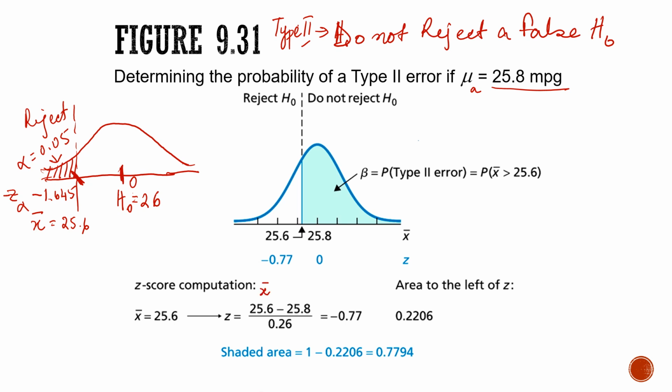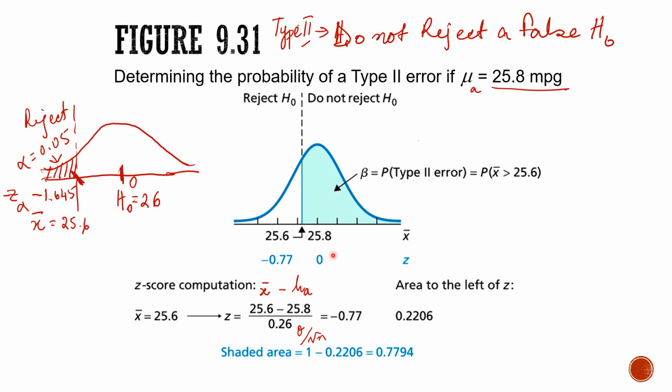So 25.6 is the x bar, and then minus 25.8 is the new mean, in other words, the alternate mean that was provided to us, divided by sigma. So 0.26 doesn't change from the previous. It's sigma divided by square root of n. That's how we got 0.26. And we came up with a value of negative 0.77. And that's the new Z value for 25.6.